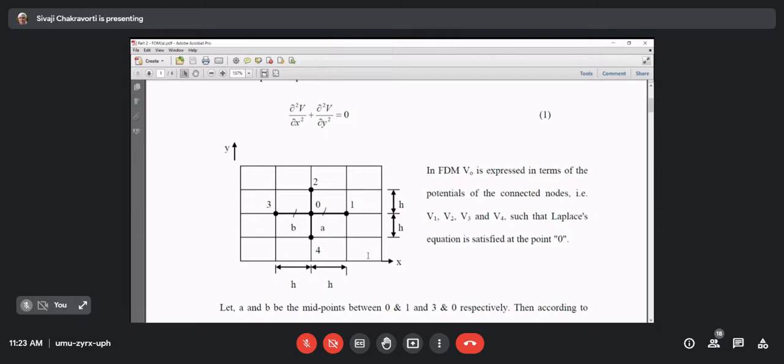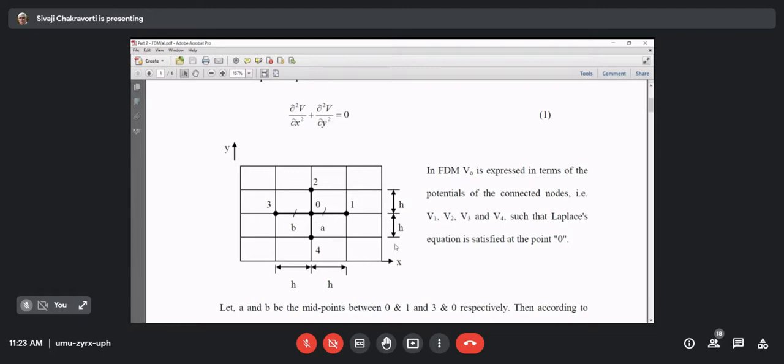I can assume any type of distribution. I can assume a linear distribution. I can assume quadratic or whatever. But as you know, if we go for higher order distribution, the equation becomes much more complicated, and the accuracy does not increase necessarily.